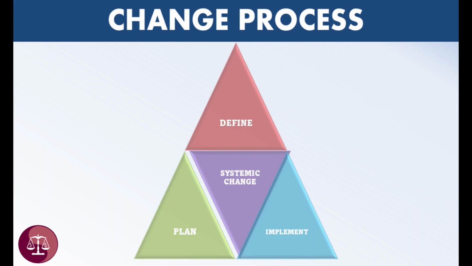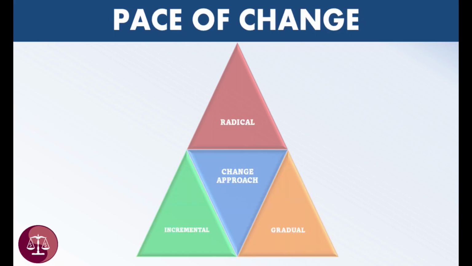And thirdly, change generally takes place in one of three paces. It's either radical or fast, incremental and in stages, or gradually over a long period of time. These principles should be captured in every transformation model.